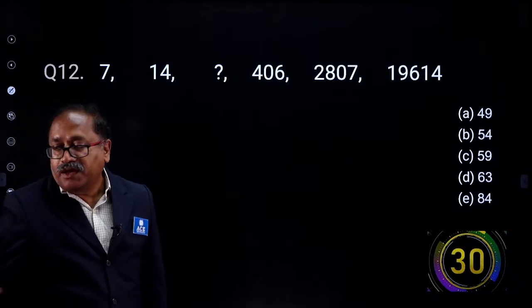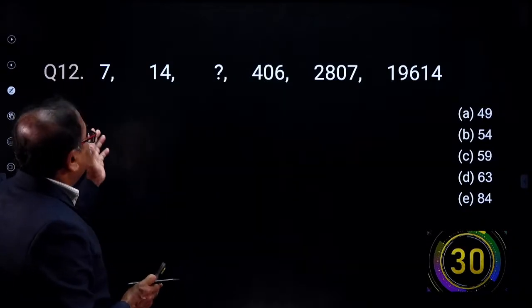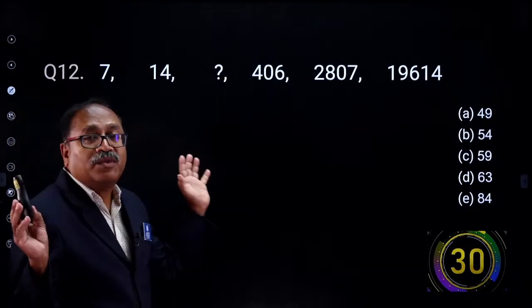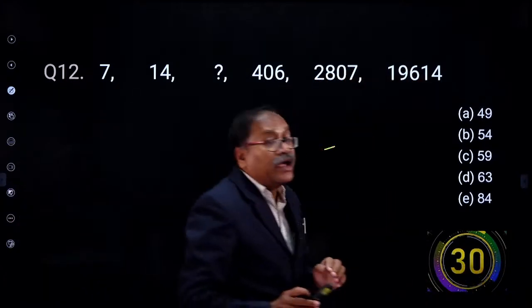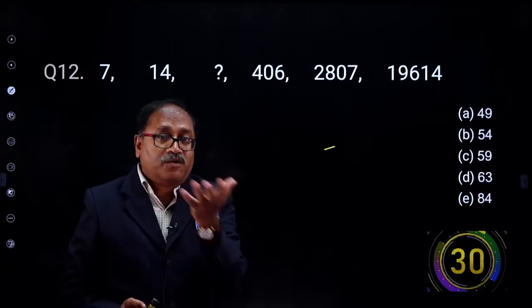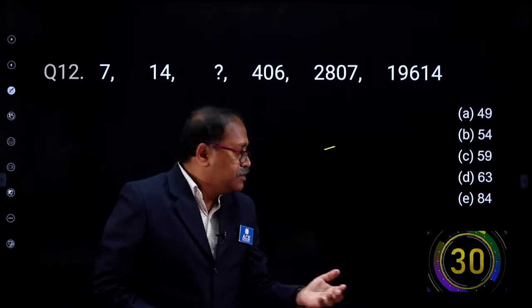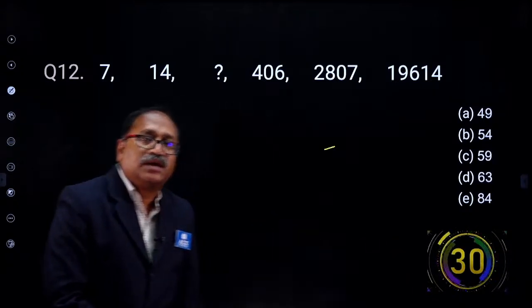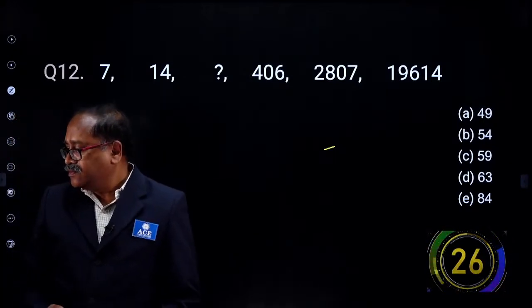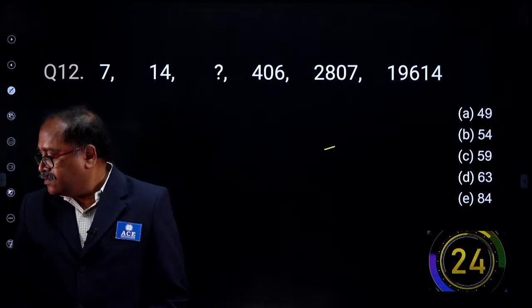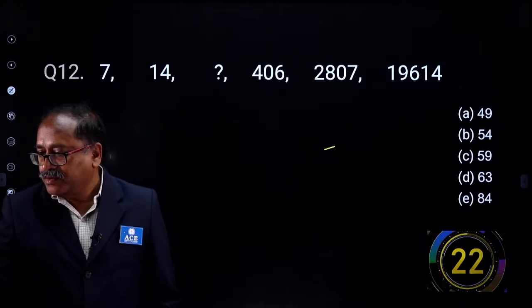Come on. And I notice that this is 7, 14, so multiplication. Because look at this 2,800 and 19,000 something. Obviously multiplication. Try this. Your 30 seconds starts now. Come on.